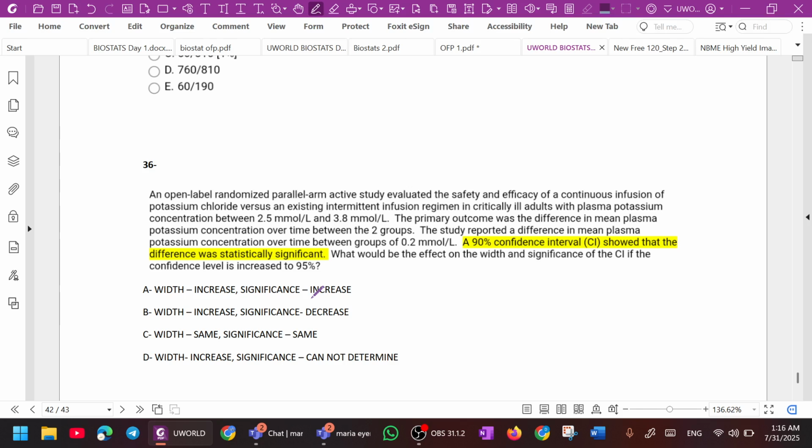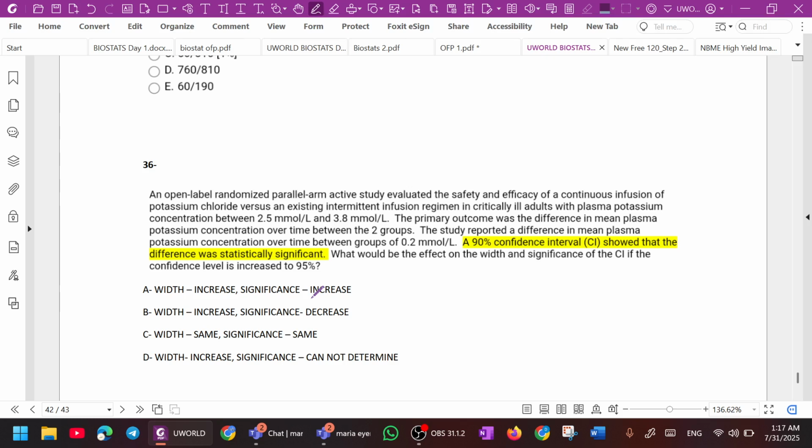What would be the effect on the width and the significance if the confidence interval increased to 95%? Confidence interval increased from 90 to 95%, is it? Is it A?